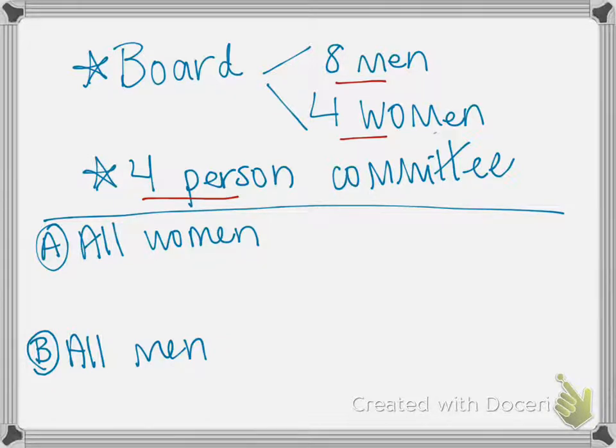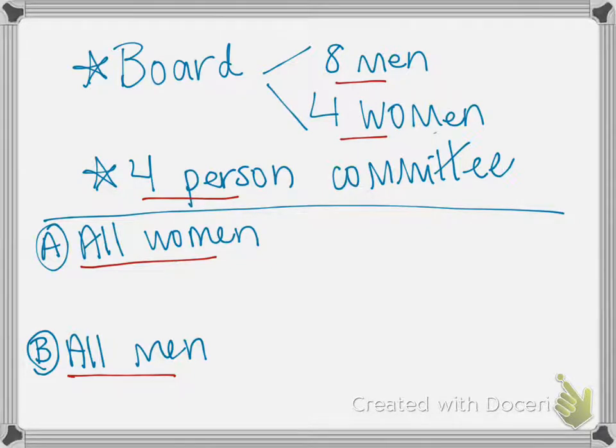And so perhaps I want to know, if we randomly select from our existing board, what's the probability that all 4 individuals selected would be women, or that all 4 individuals selected would be men? Now this is a little bit different than the last rule of multiplication, because now there is a dependence on each other here.